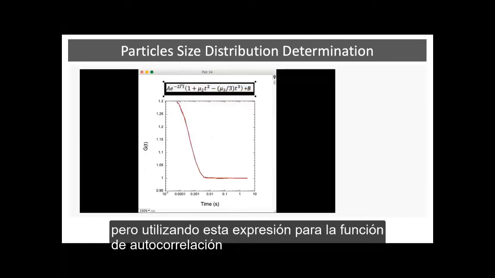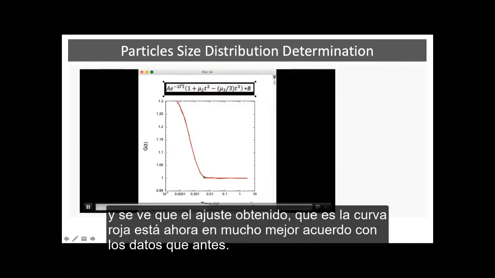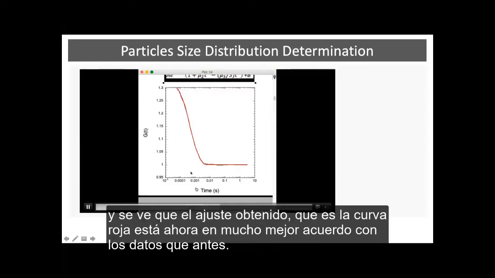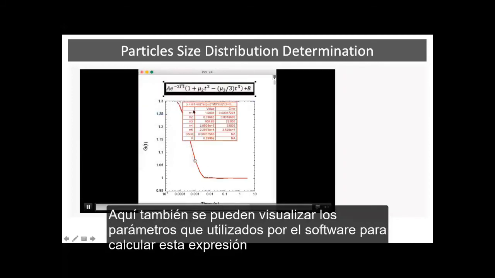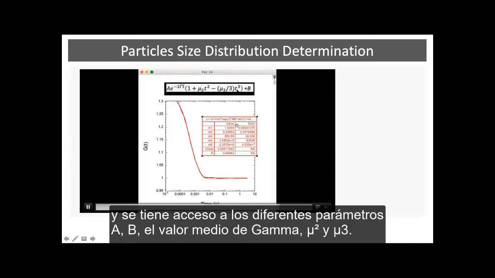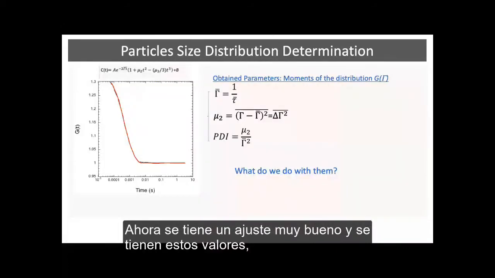You see that the obtained fit, which is the red curve here, is now in much nicer agreement with the data than previously. Here again, you can display the parameters which have been used by the software to calculate this expression: the different parameters A, B, the mean value of gamma, mu2, and mu3. So once you have that, you have a very nice fit, and you have these values.